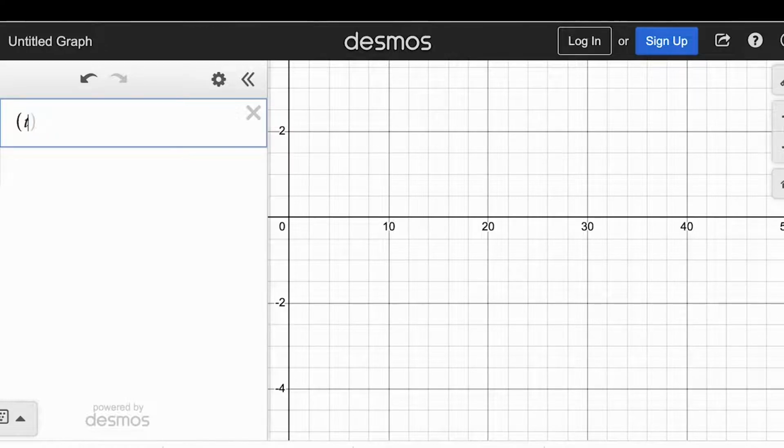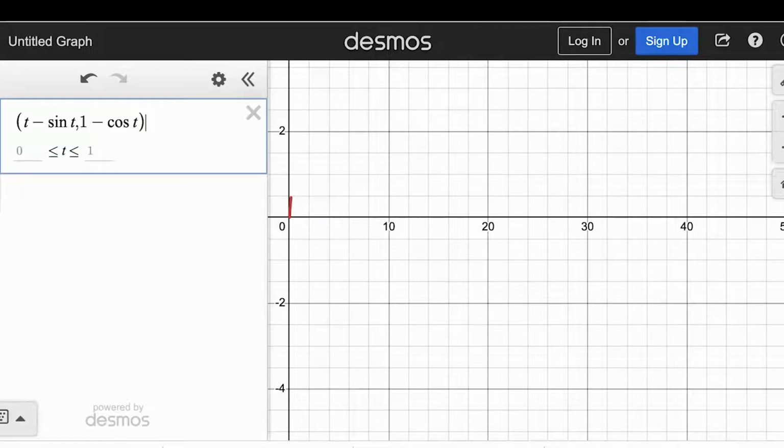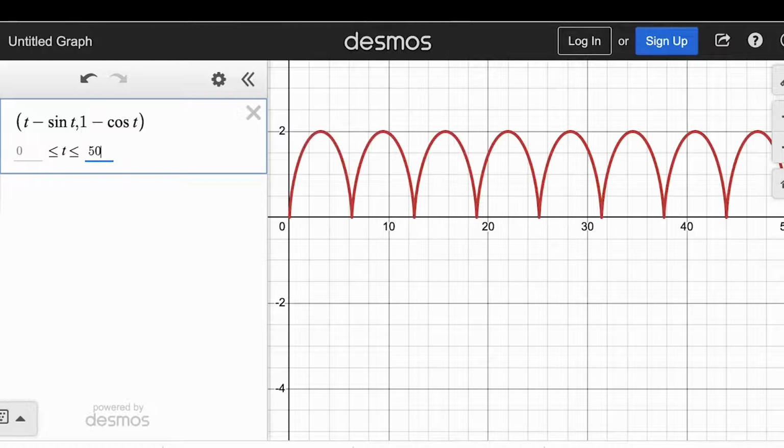So, it is essentially t minus sine of t, comma, this is x. And what is y? y is 1 minus cos t. So, 1 minus cos of t, bracket close, and let us vary this t from 0 to 50. So, this is the graph, you can see.